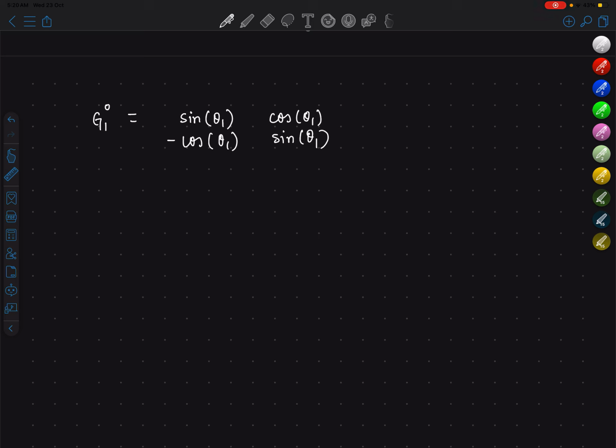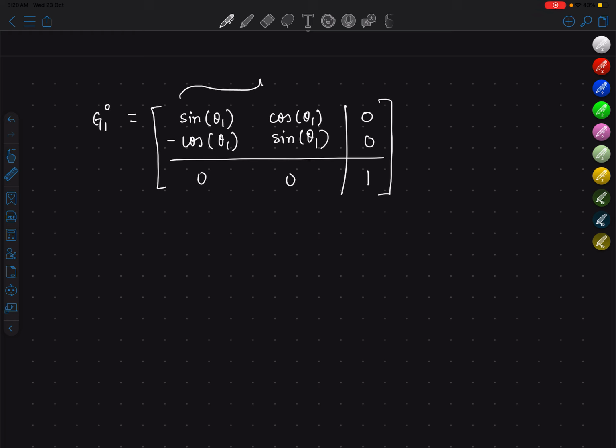This is just some trigonometric manipulation, and the last row is 0, 0, 1. So this is the homogeneous transformation matrix H1_0, multiplied by C1, 0 and 1. So this is G1_0, right?